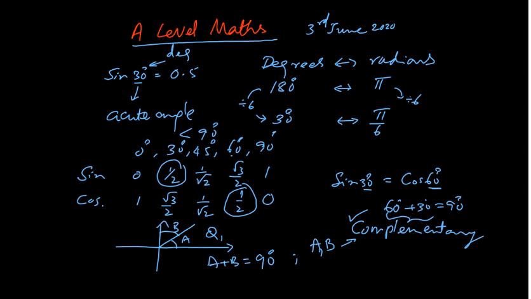Now, what we are trying to say here is sin 30 is cos 60. So we will take it in a different way. Sin 30, I will try to write this 30 in terms of 90. That means sin of 90 minus 60.